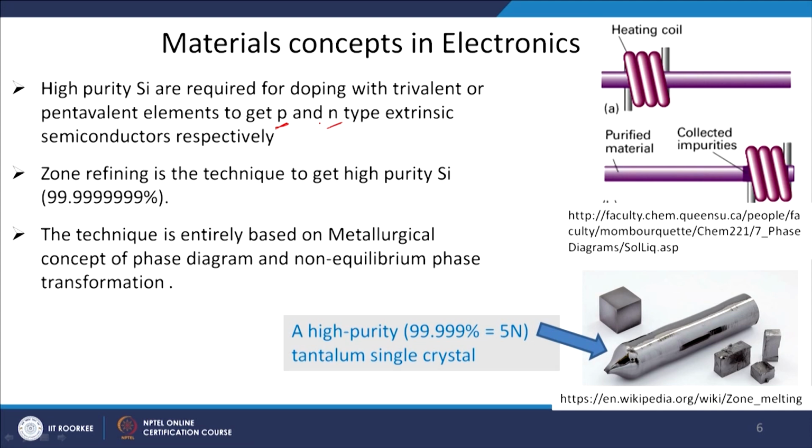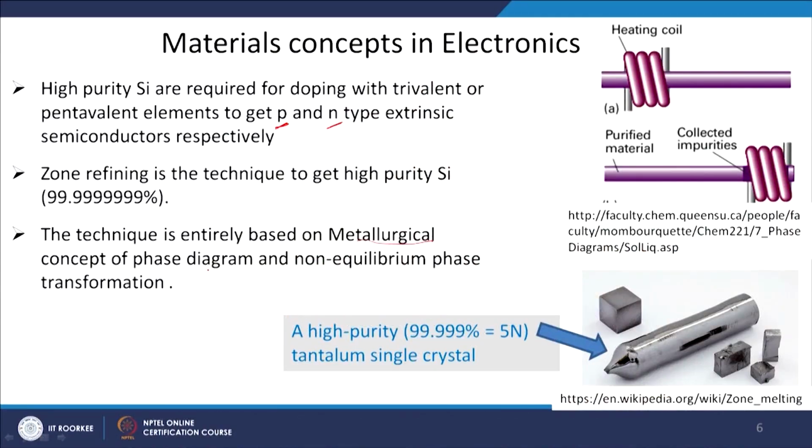You want only that type of property, either it has to be a P type, that means a lot of holes, or it has to be N type, meaning a lot of electrons. So, silicon has to be very pure for that, and to get pure silicon, the only technology is zone refining, which is based only on metallurgical concepts of phase diagram and non-equilibrium phase transformation.